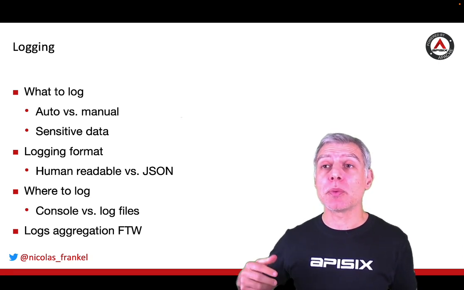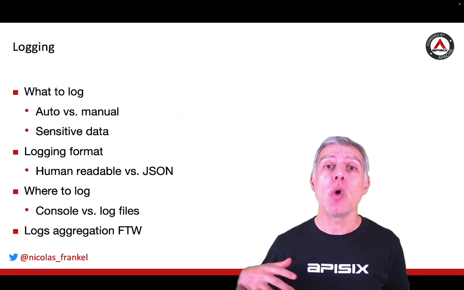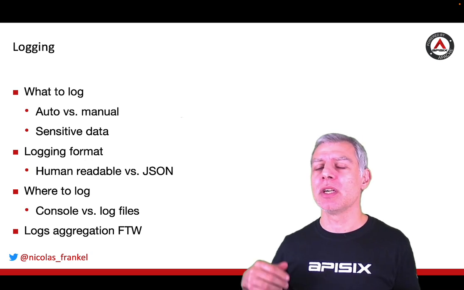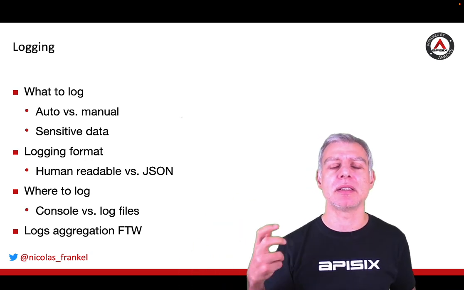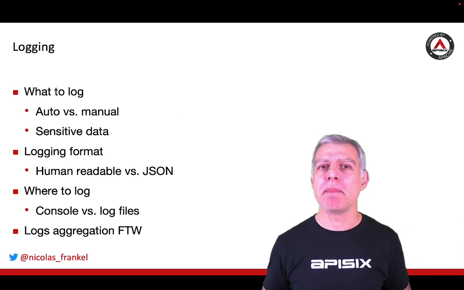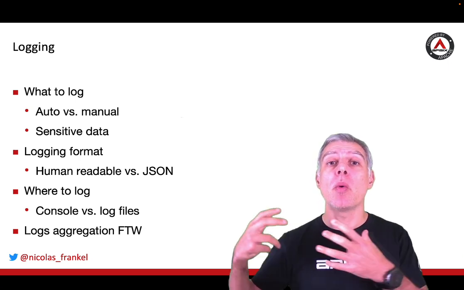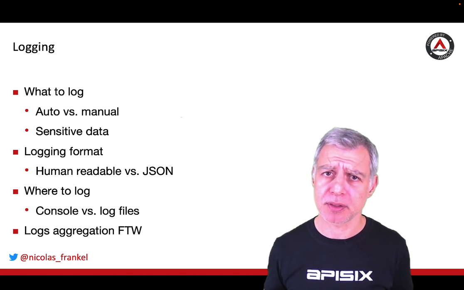So again, perhaps we want to log more interesting stuff, such as who is connected, what their session ID is, how many items they have in their cart, this kind of stuff. This is much harder, and it requires manual intervention. So you need to have a requirement and the developer actually writing the code to log this.